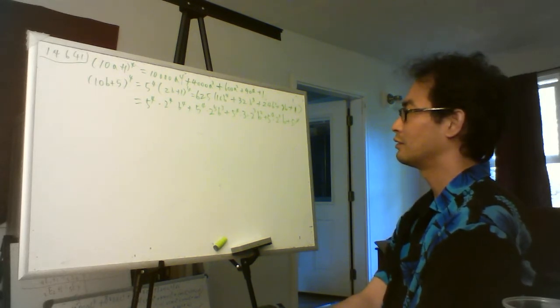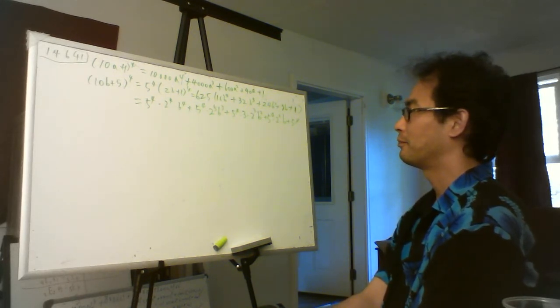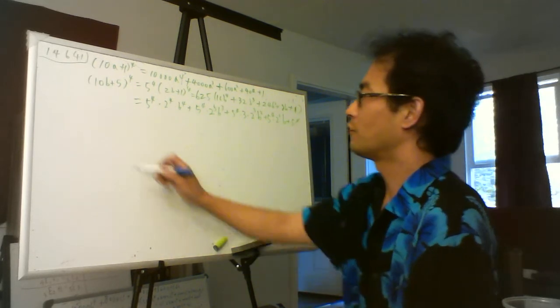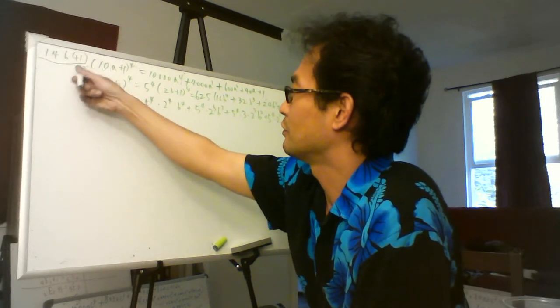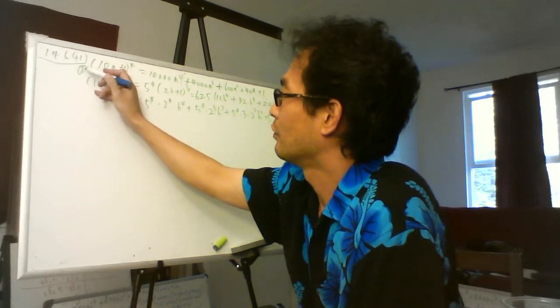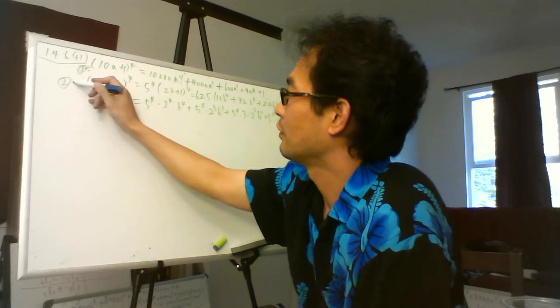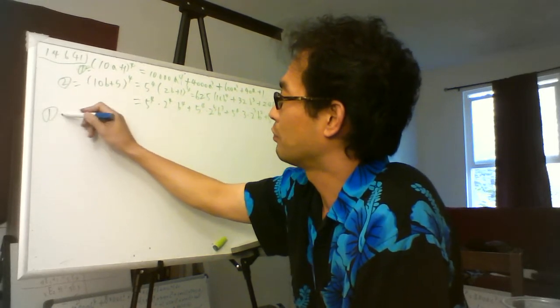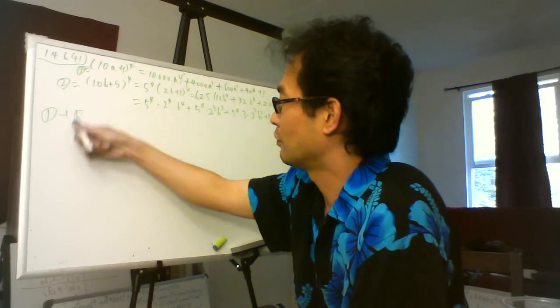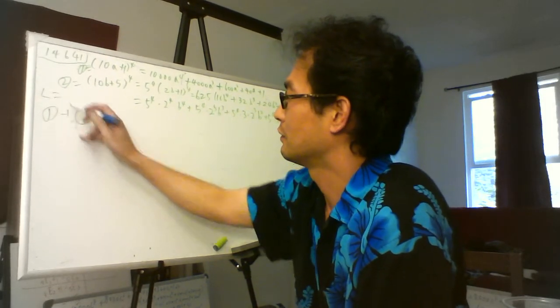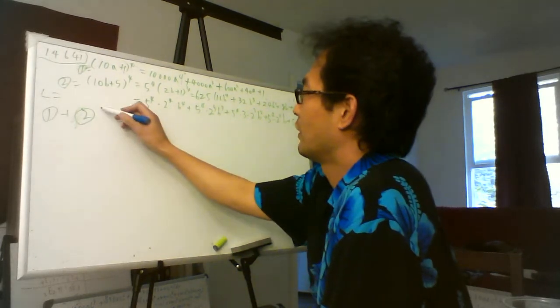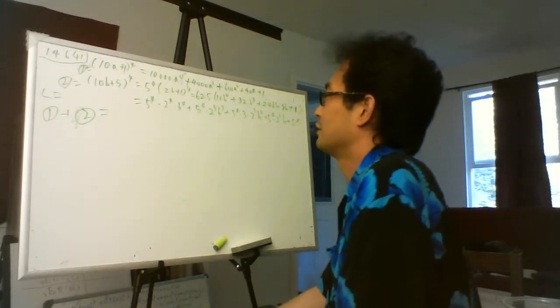Let's call this number one and number two. If we add number one plus number two, that's the left hand side. If you add them together, oh my goodness.